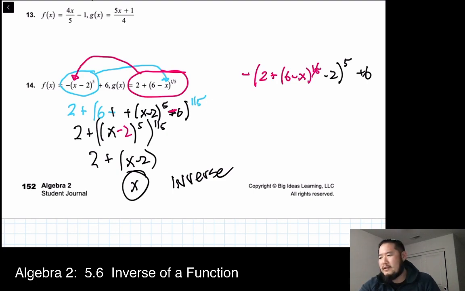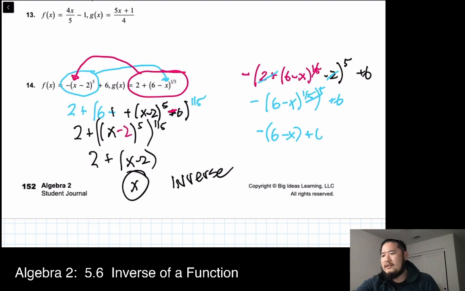What happens here, look, the 2's will cancel. When we raise a power to a power, once again, you'll see that this right here will equal 1. So now I have negative 6 minus x plus 6.